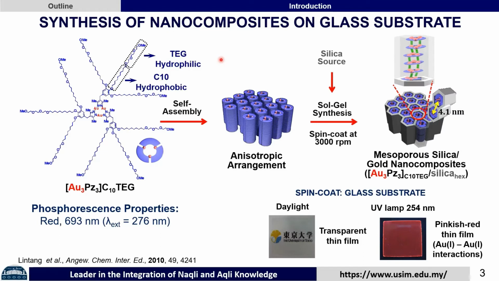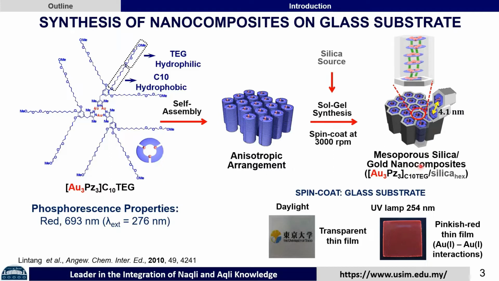Based on previous reports, an example of nanocomposites synthesized on a glass substrate was demonstrated by Lintang et al., where they utilized an amphiphilic gold complex having red phosphorescent properties as a template in a sol-gel synthesis to give silica gold nanocomposites as a thin film.